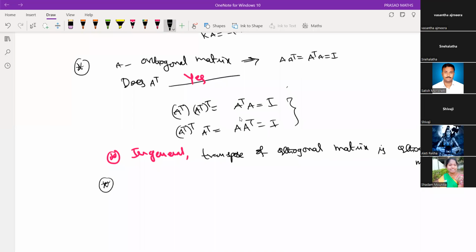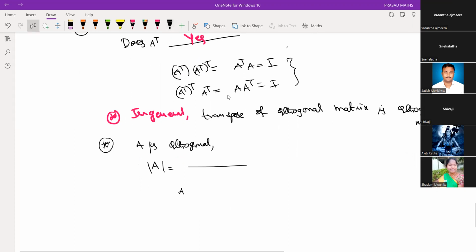Now, suppose A is orthogonal. What about its determinant? Assume A is orthogonal, that means A into A transpose is equal to I. Look at the determinant property: det of A into A transpose equals det of I, which equals 1.